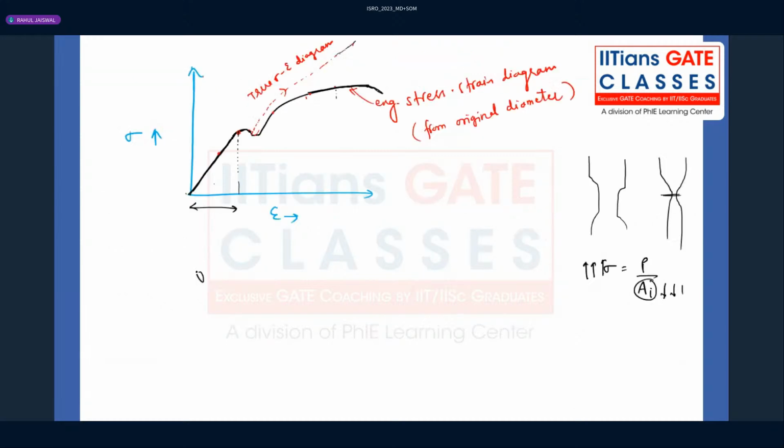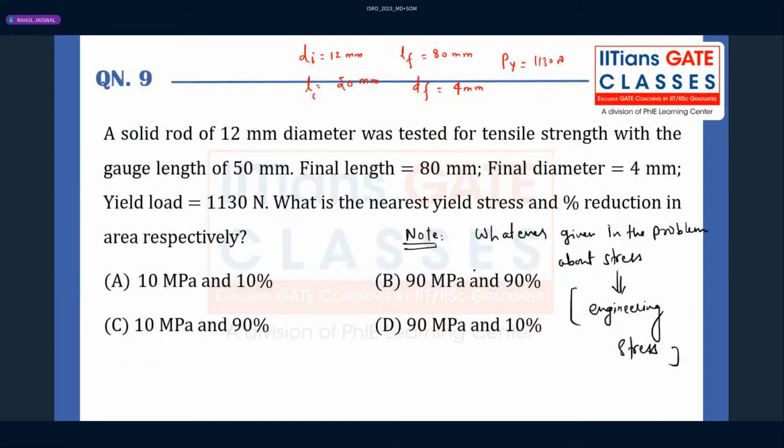And you know what the engineering yield stress is? It is the load at the yield point divided by the original area. We are not bothering about the instantaneous area; the area available at that instant is not at all useful for us, right?